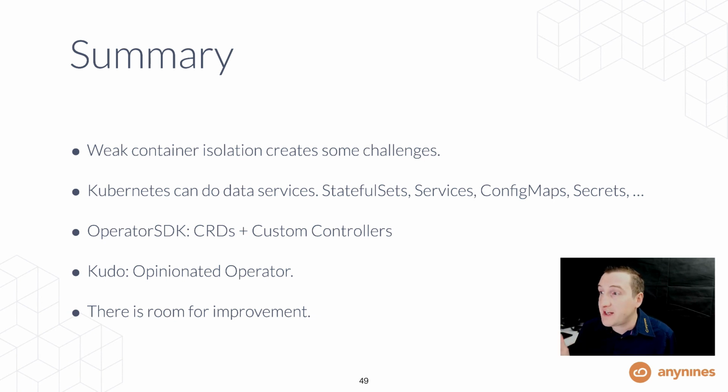There are stateful sets, services, config maps, and secrets. And there are also utilities emerging that will help you to deal with these things more gracefully, including the Operator SDK and Kudo. My personal belief is that there is still room for improvement because it's still a tedious task to describe a data service lifecycle. So watch out for new technologies to pop up.